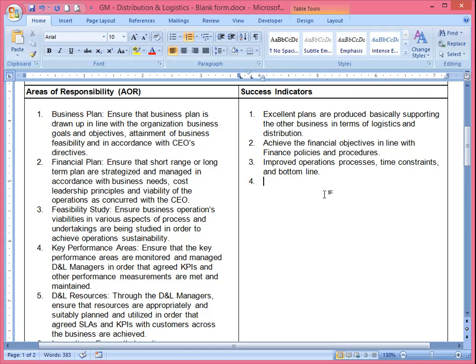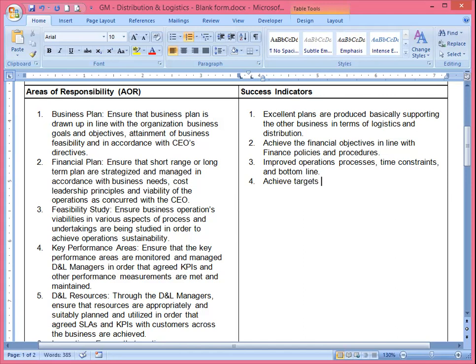What else? What about number 4? Key performance areas, KPI, number 4. So I think achieve targets, of course. Once you achieve the target, then you are successful in monitoring and achieving. That's not past tense, achieve targets.